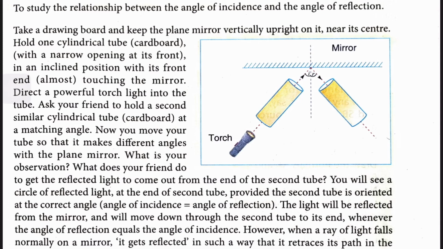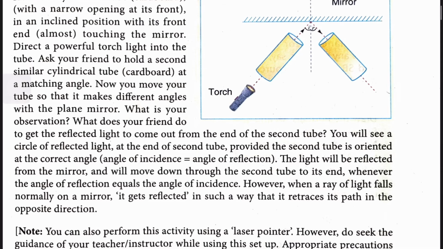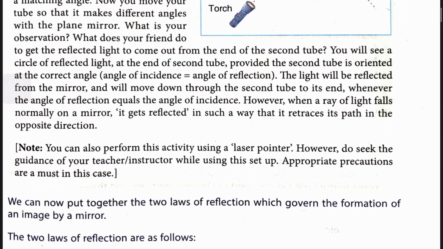Now you move your tube so that it makes different angles with the plane mirror. What is your observation? What does your friend do to get the reflected light to come out from the end of the second tube? You will see a circle of reflected light at the end of the second tube, provided the second tube is oriented at the correct angle.